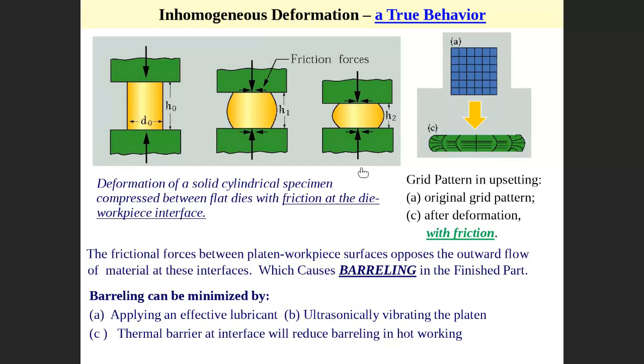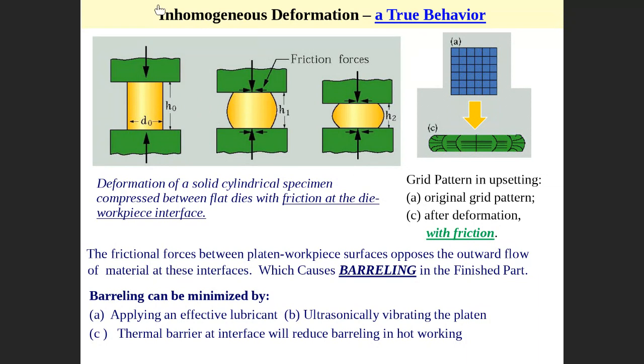The difference is the friction here and here. There is friction, and as we described, this friction actually limits the motion here and here. Because there is high friction, material cannot flow easily at the edge, upper and lower.